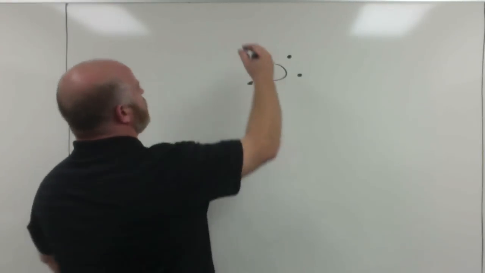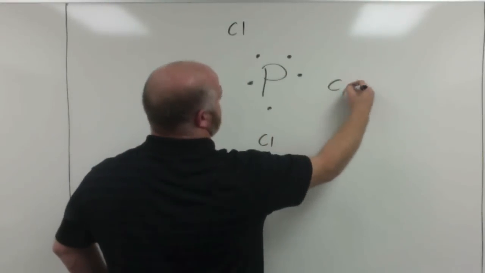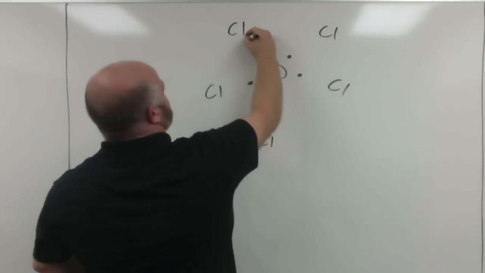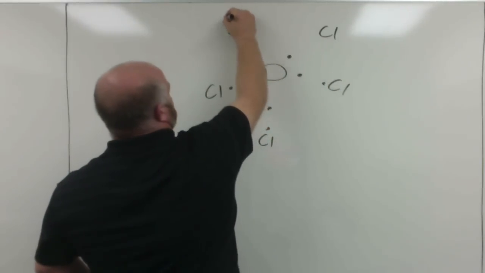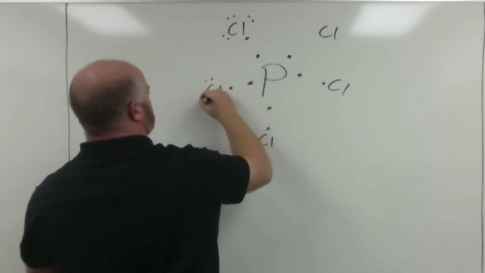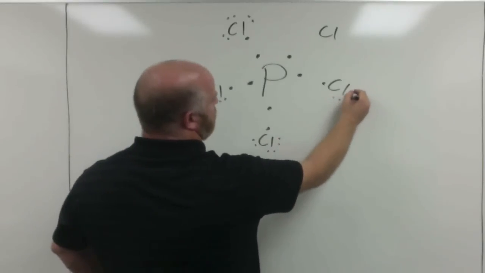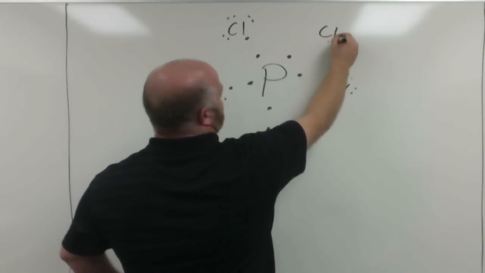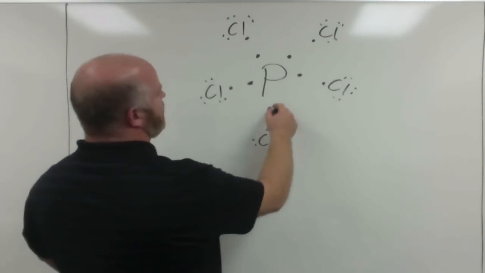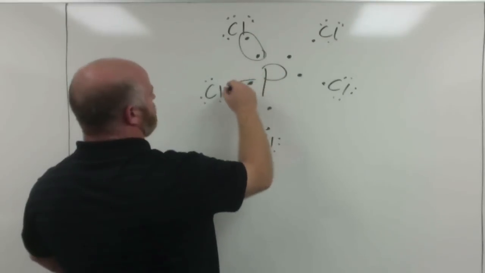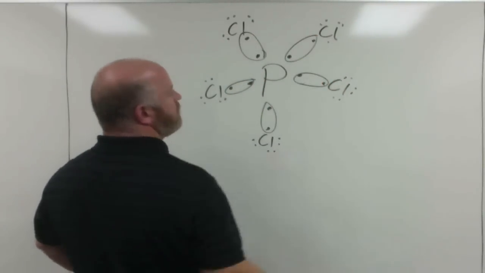So if we put chlorine around the phosphorus, and chlorine has its 7 valence electrons, we see that phosphorus's 5 are able to bond up with all 5 of those chlorines.